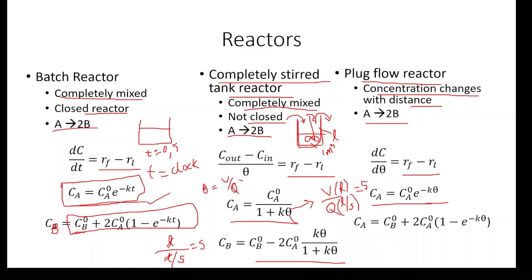But the Q may vary. Flow can vary. So theta is not clock time. It is V divided by Q. So this is the difference between T and theta. That is the difference between batch reactor and plug flow reactor. Even though equations are the same, the sense of theta and T are two different things.